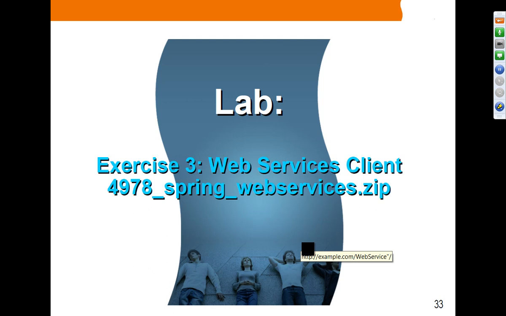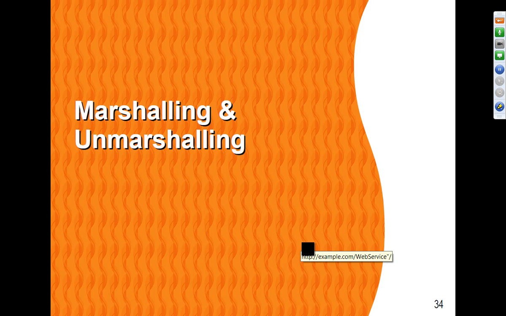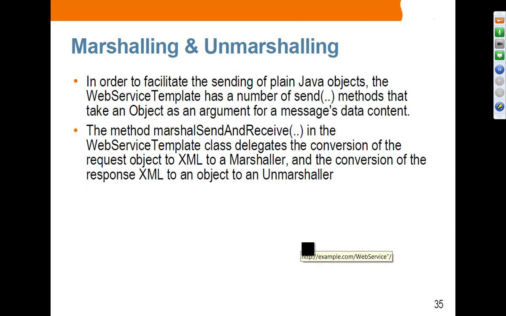Exercise 3 is, let me finish up the presentation, then I'm going to explain the hands-on lab exercise a bit, and we are going to move on because I'd like to finish Spring Batch and Spring Integration. Marshalling and unmarshalling: the marshaller and unmarshaller are used to marshal XML documents to Java and vice versa.